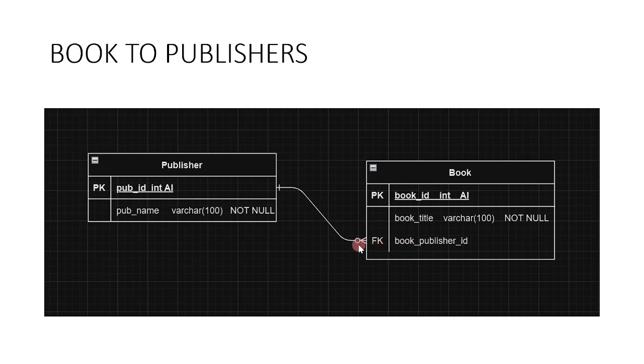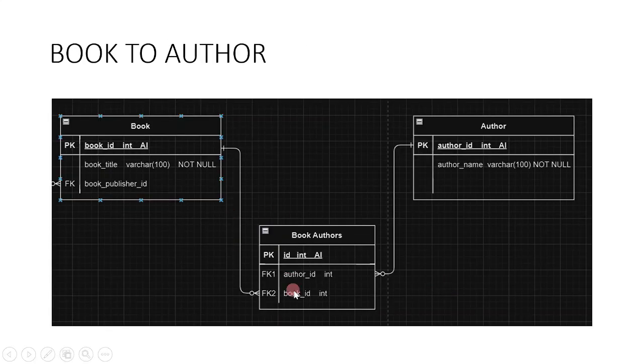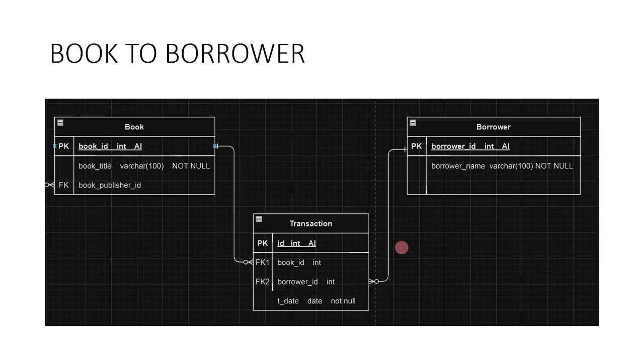But if we have a many to many, we create an extra table and get the foreign key from each of the related tables. So what we were actually doing here is database normalization.